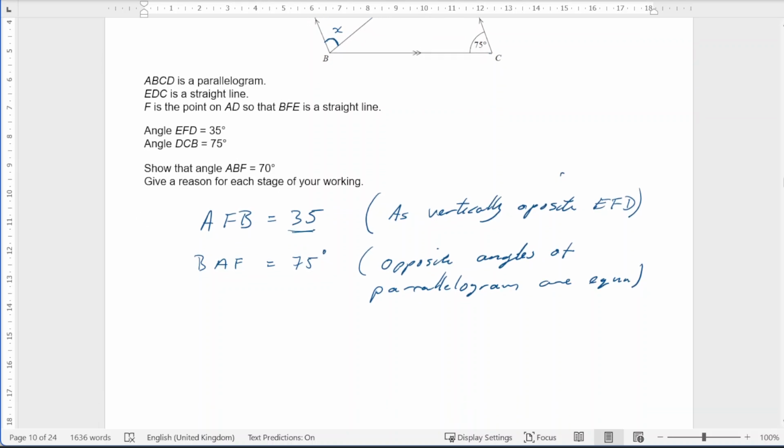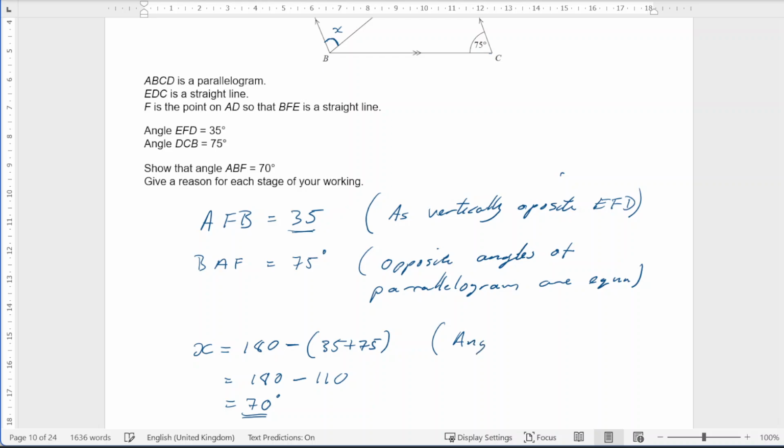So my final step is going to say that x is going to be equal to 180 minus the two known angles. So minus 35 plus 75. So that's going to be equal to 180 minus 110, which is going to be 70 degrees, which is what we were asked to show. I'm going to finish off with a description, the reason there.